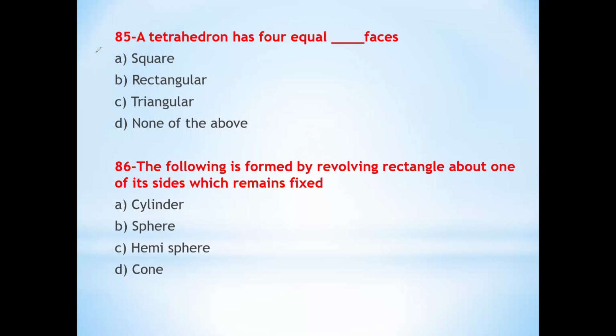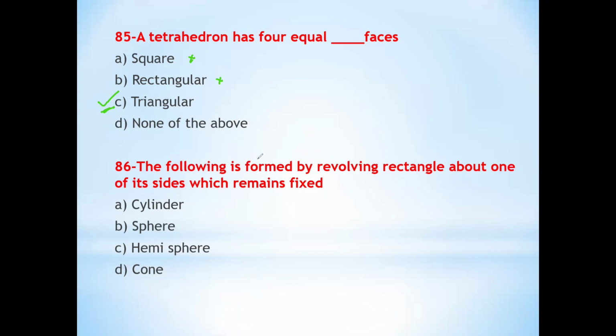So we'll check out the options. In the case of a tetrahedron, we are not getting square faces, we are not getting rectangular faces, we are getting triangular faces, that too equilateral triangular faces. So that's why option C will be the correct one.